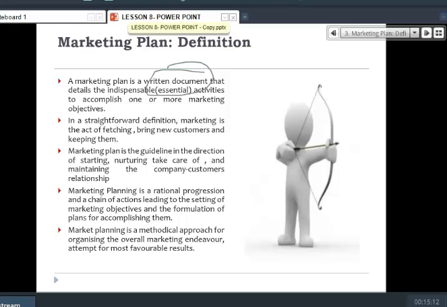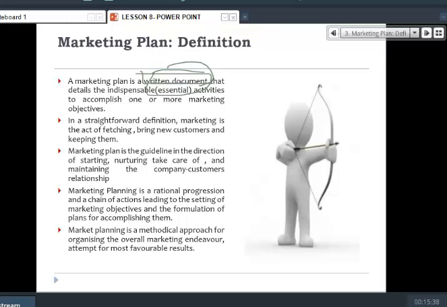When you want to give the definition of the marketing plan, you should write this word. This is the key word. A marketing plan is a written document that details the indispensable, the essential, the most important activities to accomplish one or more marketing objectives.